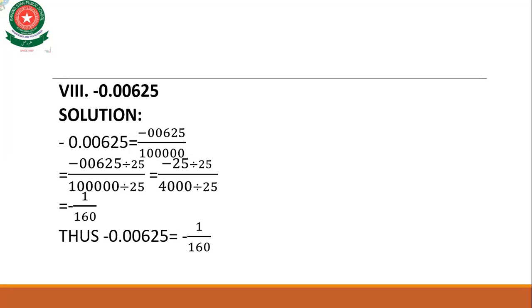When we again divide minus 25 by 25 and 4,000 by 25, then we get minus 1 over 160. So minus 0.00625 is equal to minus 1 by 160. So that is the last part of the exercise 3.1.